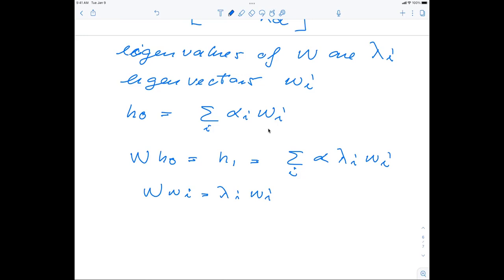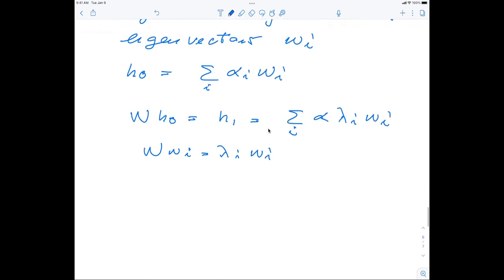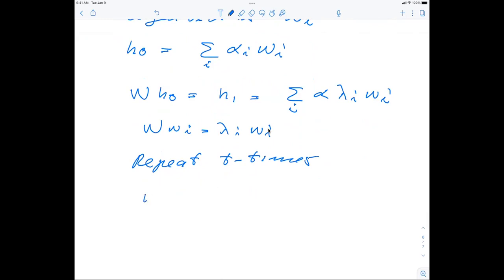So when we repeat this t times, what happens then? Then we have W to the power of t multiplied with h0.